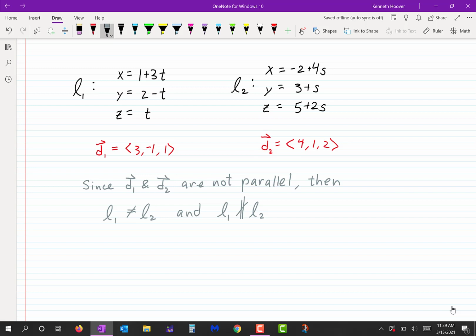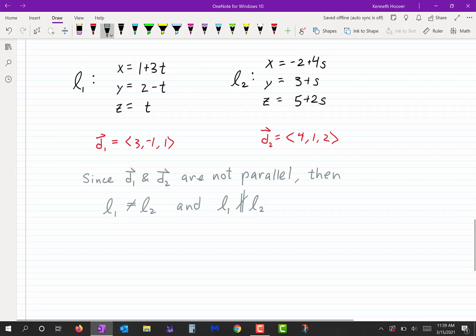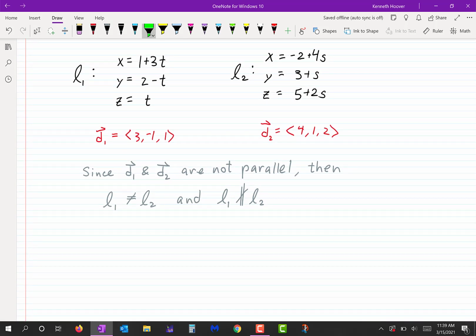So the next question is, do these two lines ever cross each other? Okay, here's how we answer that question. The only way they could cross each other is if 1 plus 3t equaled negative 2 plus 4s, and at the same time 2 minus t equaled 3 plus s, and at the same time t equaled 5 plus 2s.